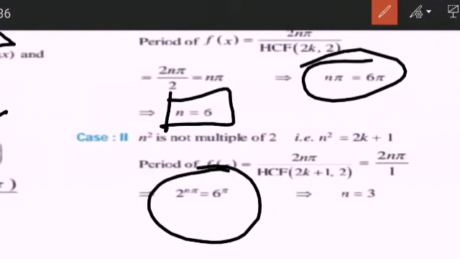So how to equate it over here? Some mistake was made here, you can't write it like this.